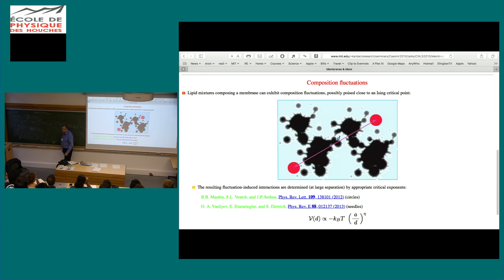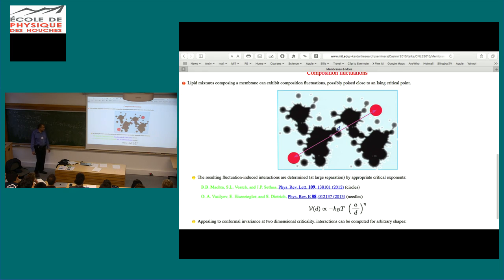And the claim is that this two-dimensional version of the liquid gas oil-water separation that I mentioned, so we looked at the three-dimensional oil-water separation, this would be the two-dimensional version of it, that for some reason or other, life has conspired to be close to the critical point, so that there are long-range interactions between proteins that are embedded in this fluctuating composition field.